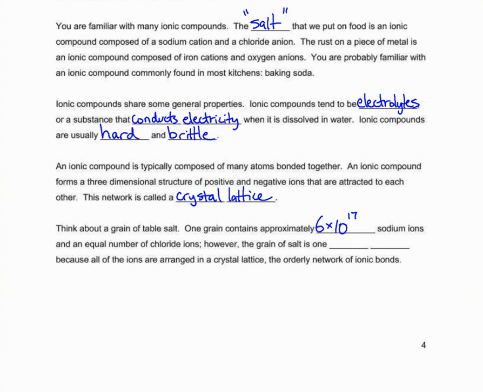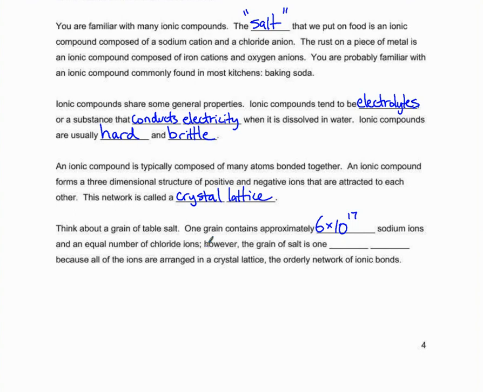So you're talking about times 10 to the 6th would be 6 million, times 10 to the 9th is billion, and you have trillion. This is a very large number of ions. So we're talking about one grain of salt, which is extremely small, and so these sodium ions must be very, very small. There's an equal number of chloride ions.